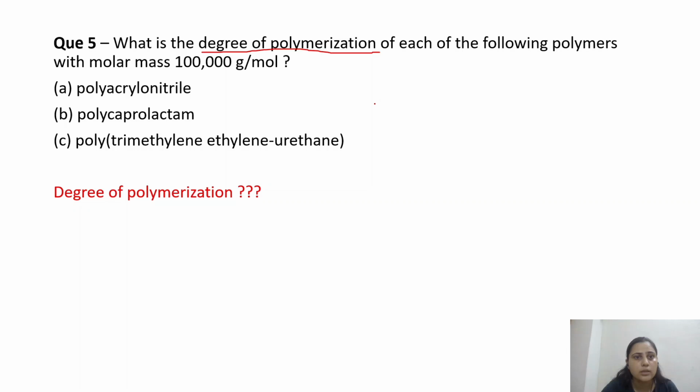There are three polymers, named polyacrylonitrile, polycaprolactam, and polytrimethylene ethylene urethane. The degree of polymerization is asked to calculate, and the molar mass is already given.